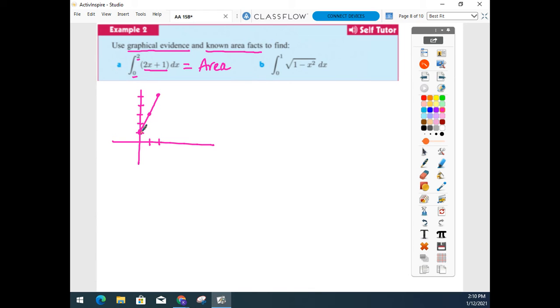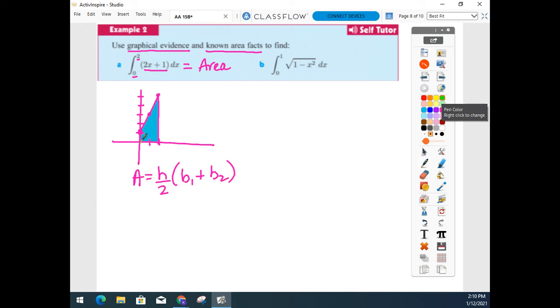We're going to shade it from 0 to 2. So that's the area we want to find. Well, what's the shape of that? That's a trapezoid. So we're going to take h divided by 2 times the quantity base 1 plus base 2.